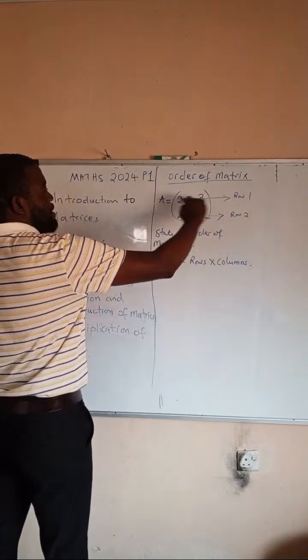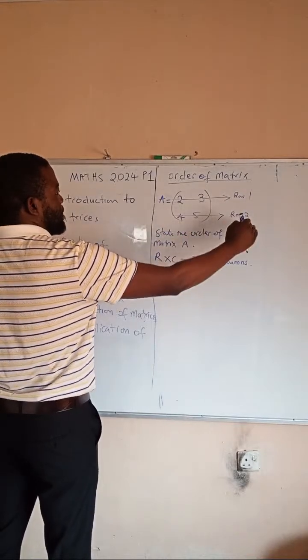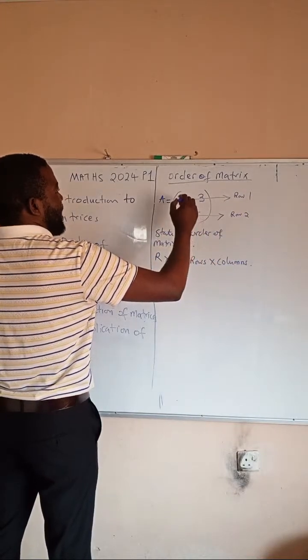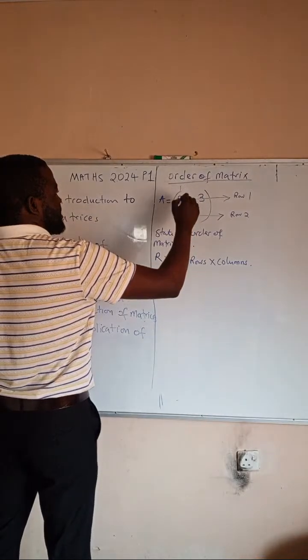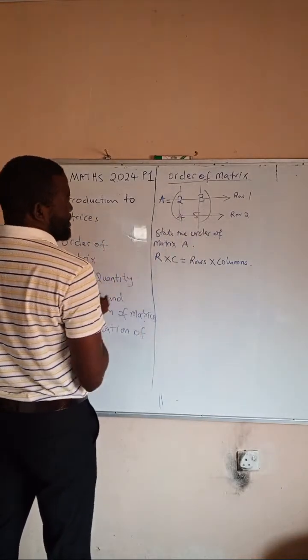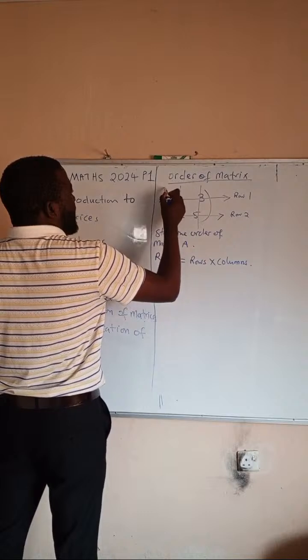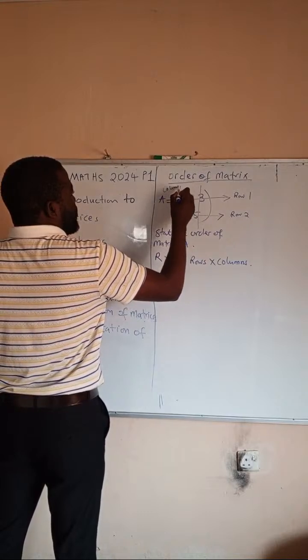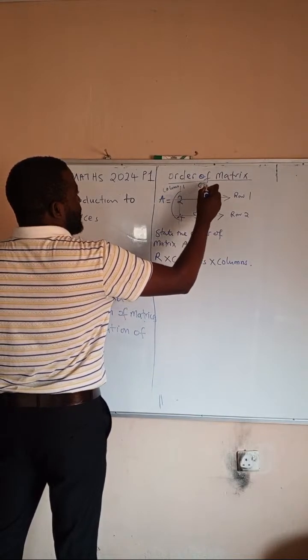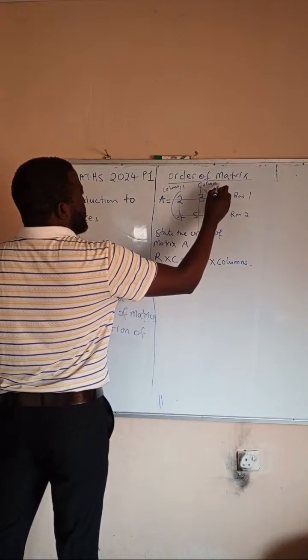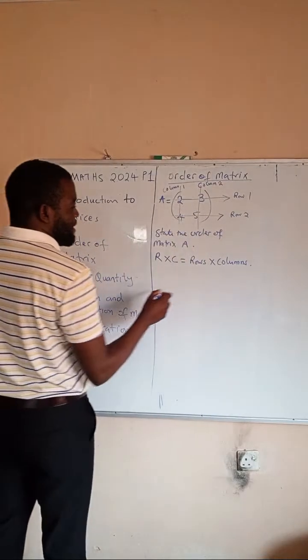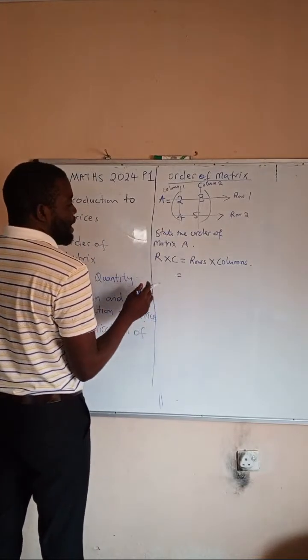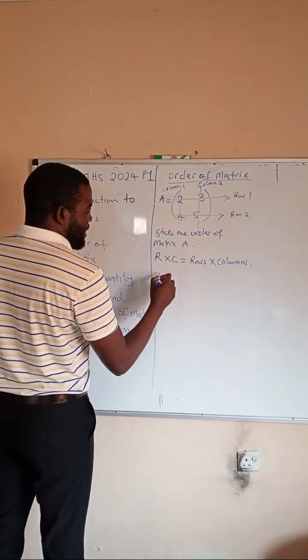You see, these are rows. So, there are 2 rows. And then if I draw lines like this, these are columns. Column 1, column 2.